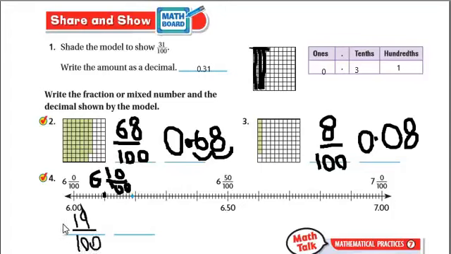And the whole number is 6. This is the fractional form. What is the decimal form? The whole number on the left, then the decimal point, then the fractional part is the decimal part, which is 19 hundredths. Okay, 6 and 19 hundredths.